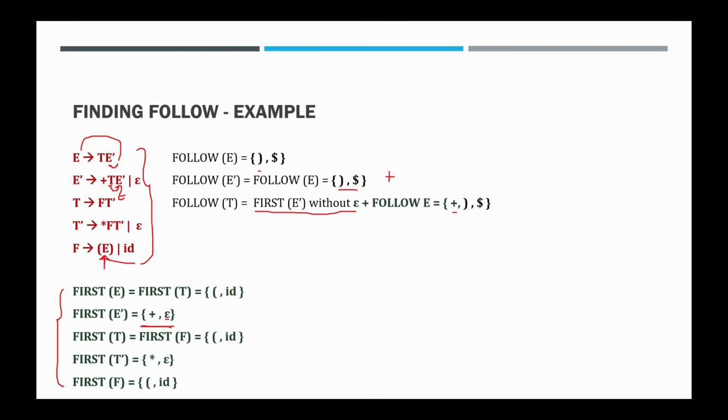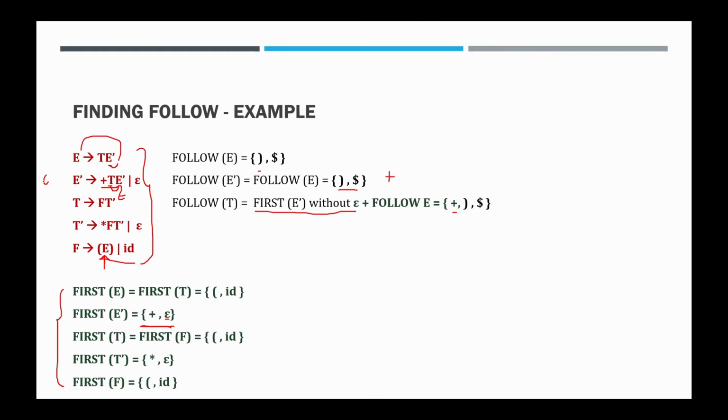When follow of T is E dash, E dash means if it is a non-terminal, we need to find the first of E dash. What is first of E dash? Plus, comma, epsilon. Since we have epsilon, substitute that epsilon instead of E dash. When you substitute, my entire production will be changed to plus T. Now you find what is follow of T. In follow of T, we don't have any symbol. So after substituting it, how will it be?